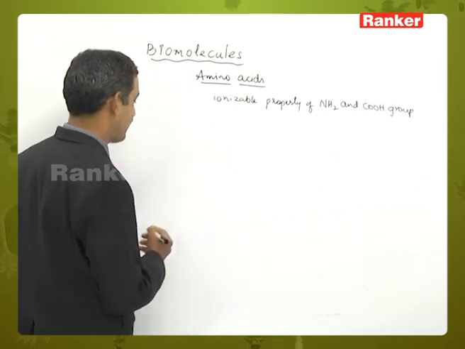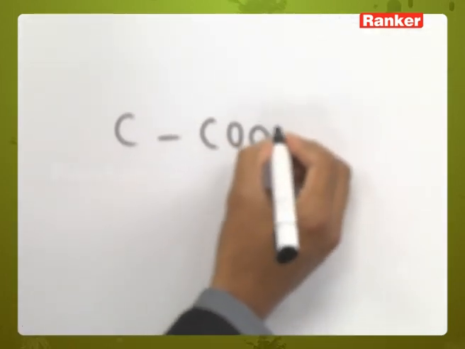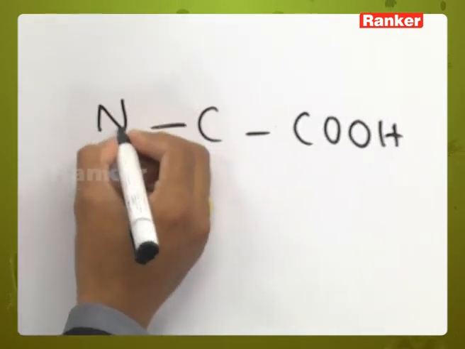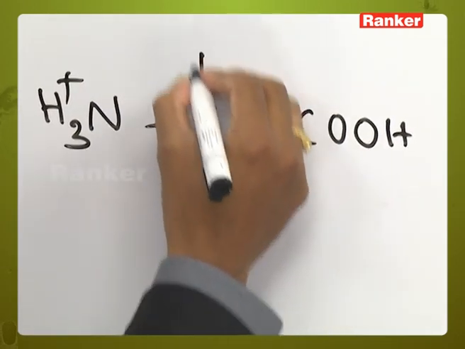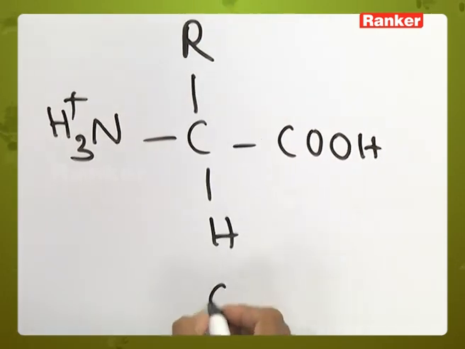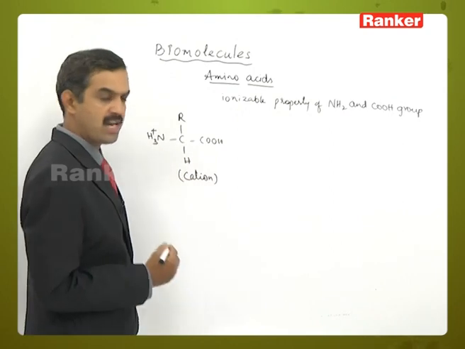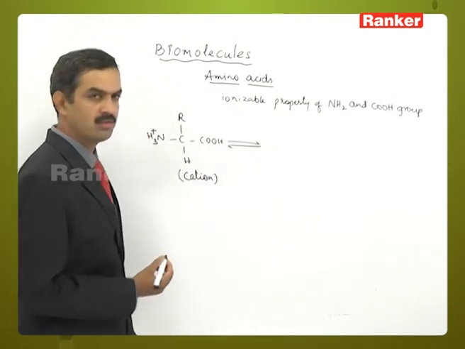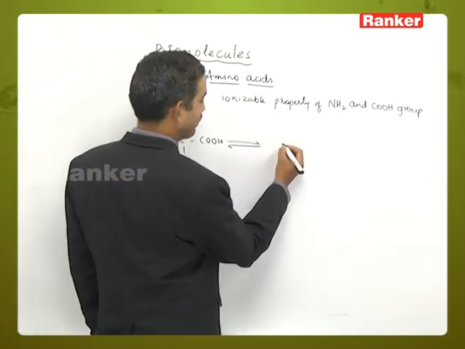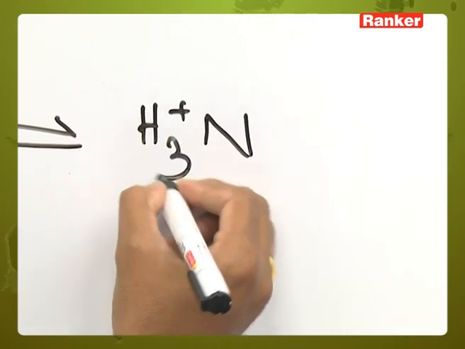So let's take one example here, like COOH and NH3 plus. This is a cation form of the amino acid, which is interconvertible to an intermediate form, that is NH3 plus.